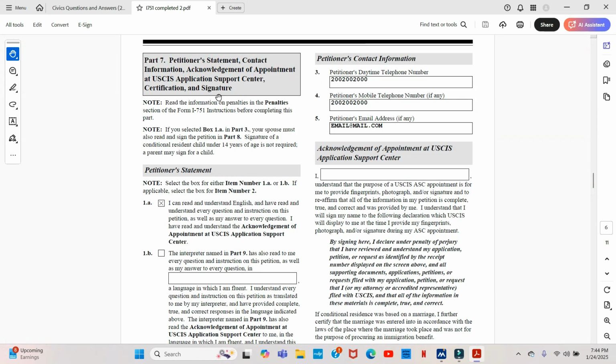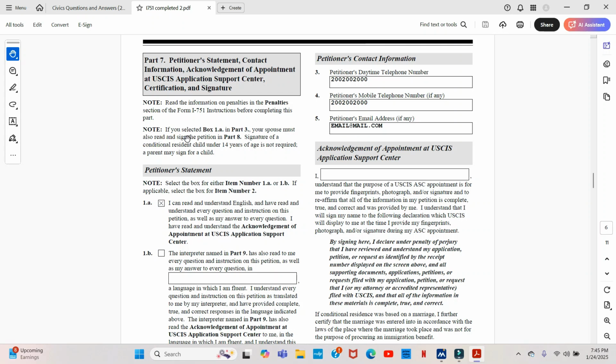Continuing. Part 7, petitioner statement, contact information, acknowledgement of appointment at USCIS Application Support Center, certification, and signature. Read the information on penalties in the penalties section of the Form I-751 instructions before completing this part.